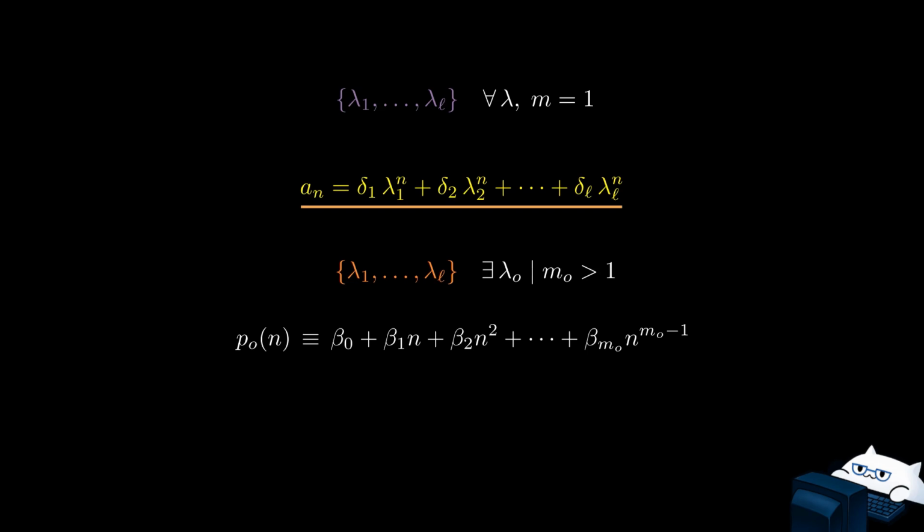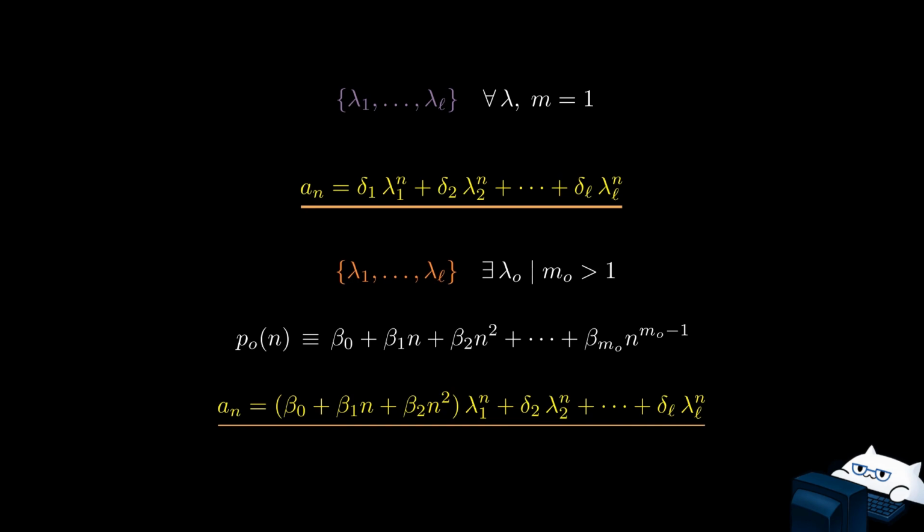Actually applying this, our general term should look something like this. Take note that here, only the first root, lambda 1, has a multiplicity greater than 1. For the case of complex roots, they always appear in conjugate pairs.